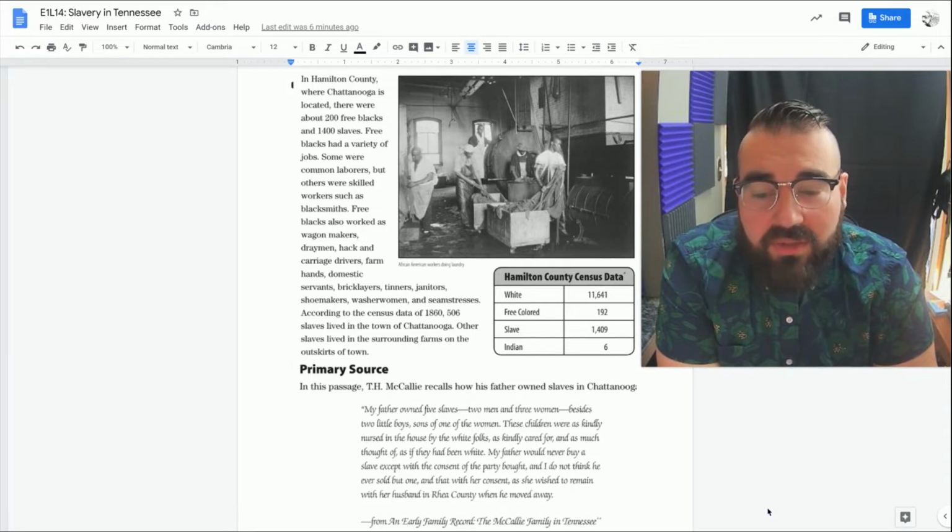Free blacks also worked as wagon makers, draymen, hack and carriage drivers, farmhands, domestic servants, bricklayers, tinners, janitors, shoemakers, washerwomen, and seamstresses. According to the census data of 1860, 506 slaves lived in the town of Chattanooga. Other slaves lived in the surrounding farms on the outskirts of town.